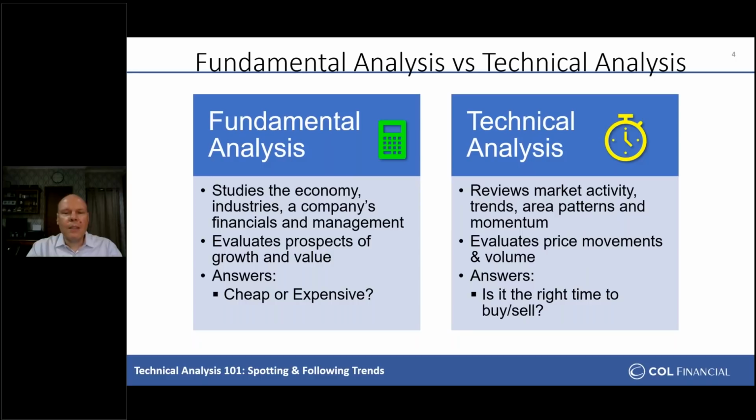Now, technical analysis does something completely different. Technical analysis does not look at growth and value. It leaves that up to fundamental analysis. But technical analysis reviews the movements of prices in any market or any security. It studies movements in trends, area patterns, and momentum.